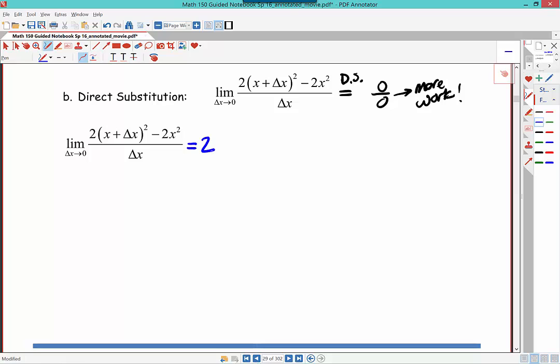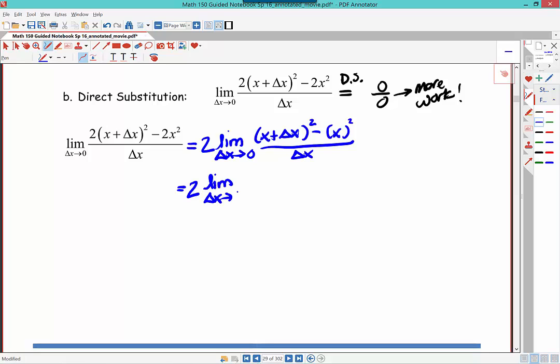So you can write it like this: 2 times the limit as delta x approaches 0 of (x plus delta x) squared minus x squared, which is a difference of 2 squares, over delta x. This is going to give us 2 times the limit as delta x approaches 0 of.